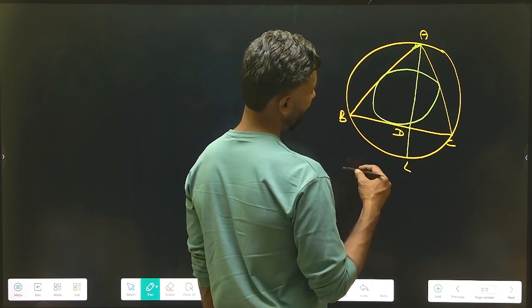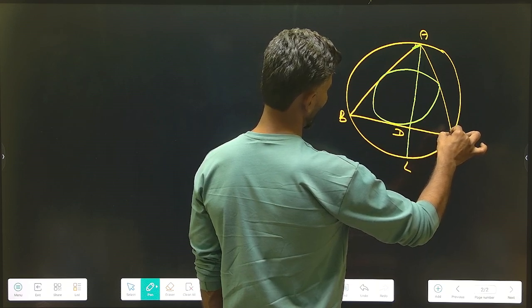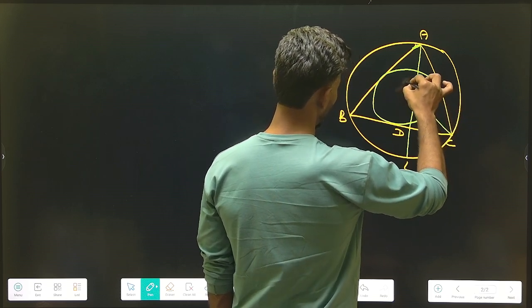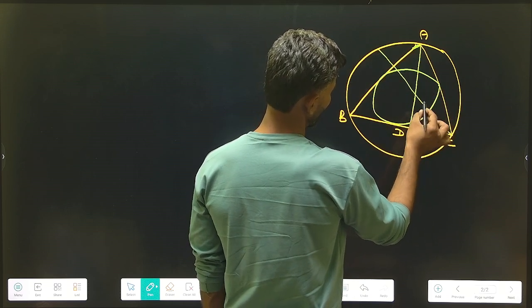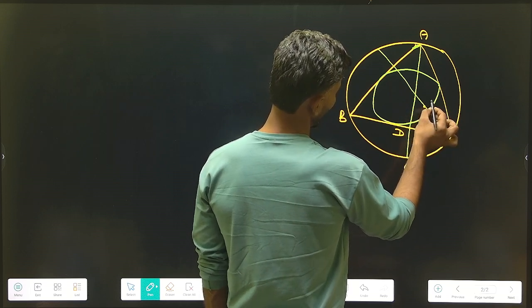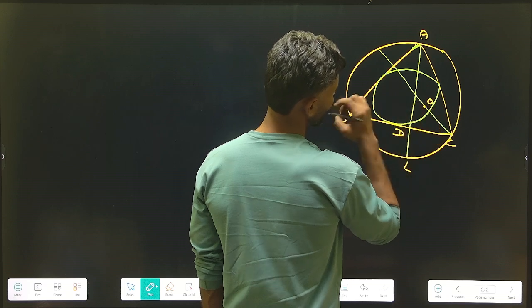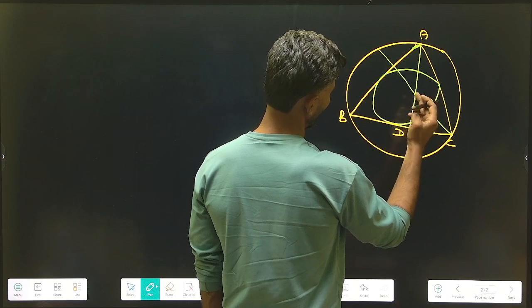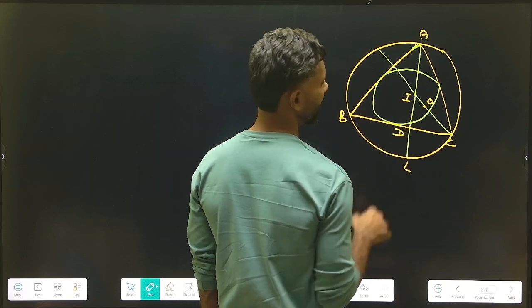Now I'm going to say that this is the perpendicular bisector of the side of the triangle. I'm assuming that this point O is the circumcenter, and this is I, the incenter.